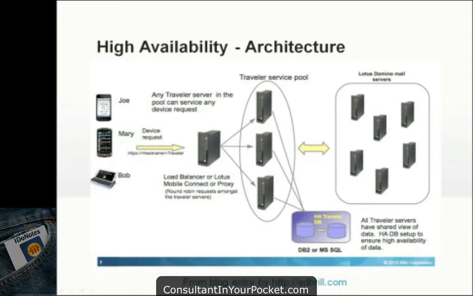What you have to do then is go through a process of connecting the Traveler server and then additional servers to a backend relational storage point, which can be DB2, which will be included and free as part of your license agreement, or they've also included MS SQL Server. The main reason for that probably is that a lot of BES administrators will be quite used to that already if they have high availability, so they may have SQL deployments and they want to leverage them again for actually storing the Traveler data.